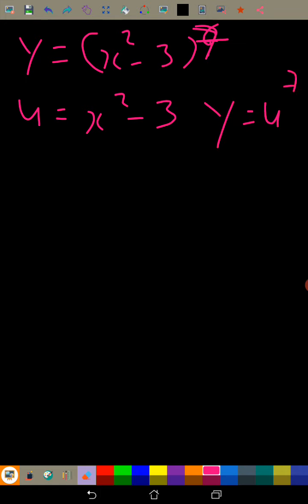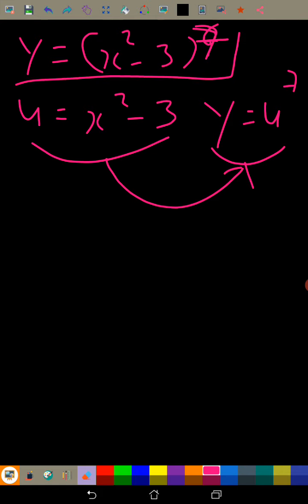We have a first function and a second function, and this function is inside of this function. We have broken this into two so that we can work with them more easily.